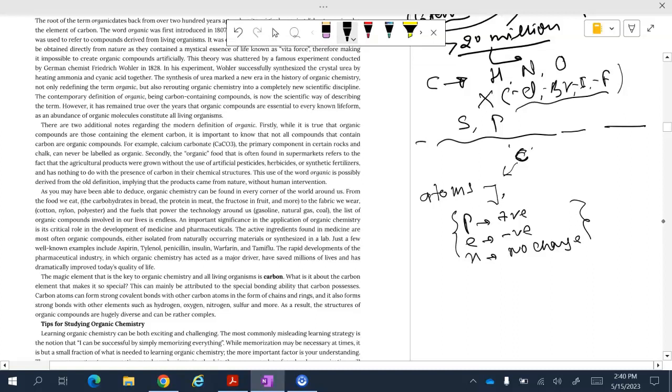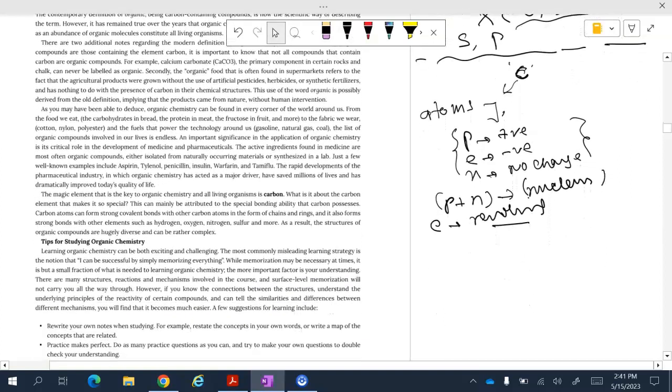Protons and neutrons are located in the central core, which we call the nucleus. Again, I'm trying to quickly review the general chemistry materials that you studied in Gen Chem 1 and Gen Chem 2. And electrons are revolving around the nucleus.